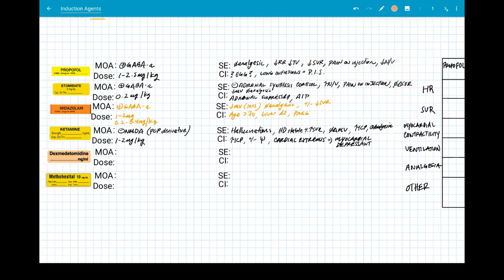Going on to dexmedetomidine, otherwise known as Precedex. It is an alpha-2 agonist. Induction doses are 0.5 to 1 mics per kilo. Side effects, similar to ketamine, it is not a respiratory depressant. It does provide analgesic properties similar to ketamine, but by a different mechanism.